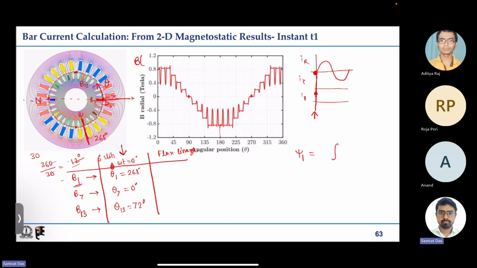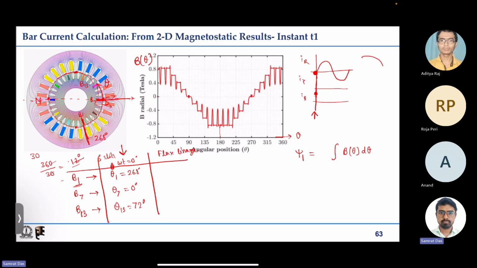So this is B as a function of theta, where the horizontal axis is theta and the vertical axis is B, and B varies as a function of theta. So you have to take an integration of B over theta. If I just do the math, this is a cylindrical body.